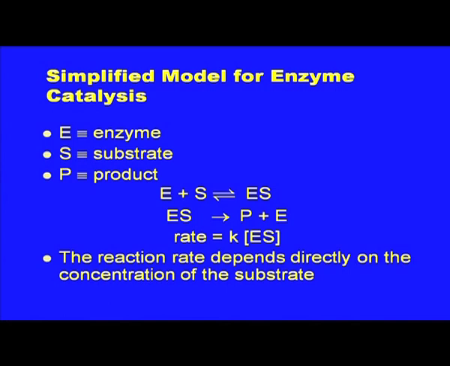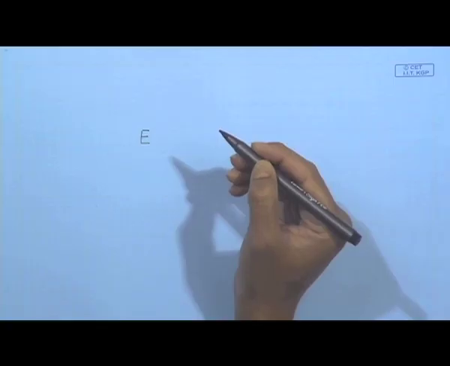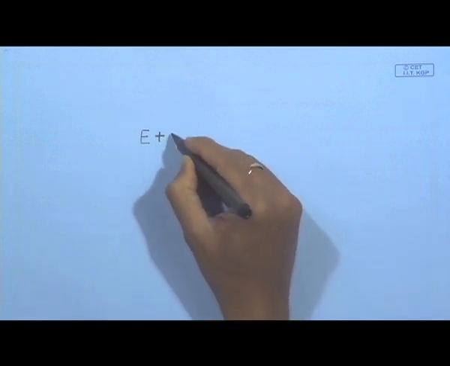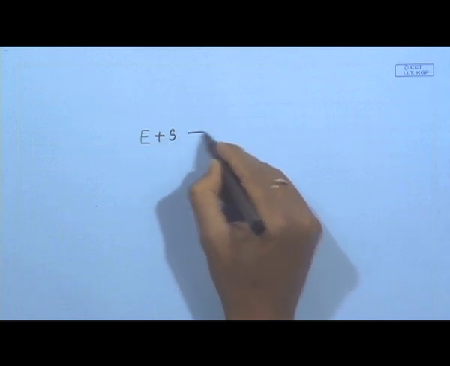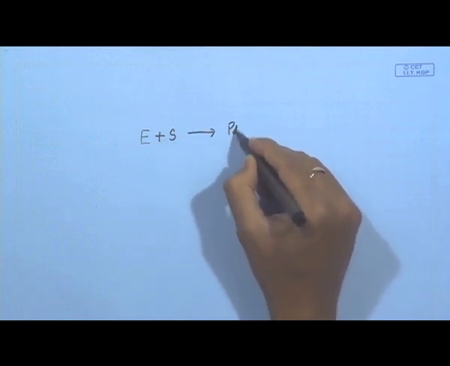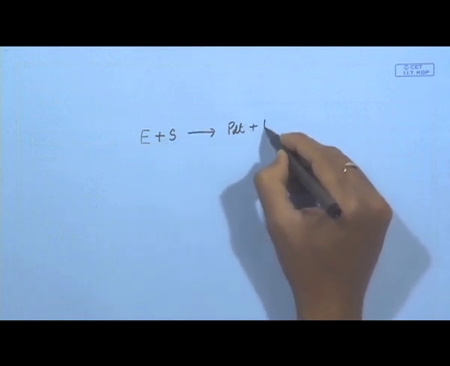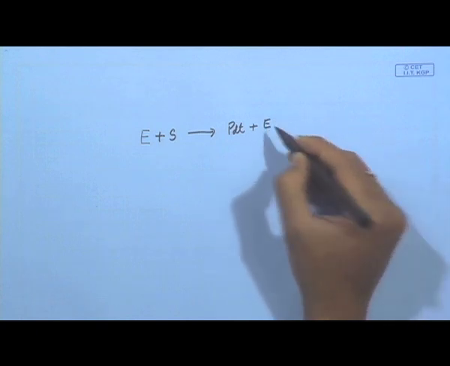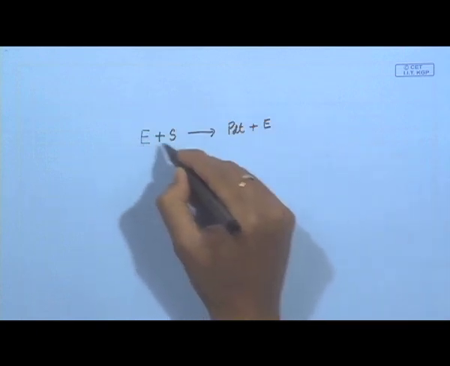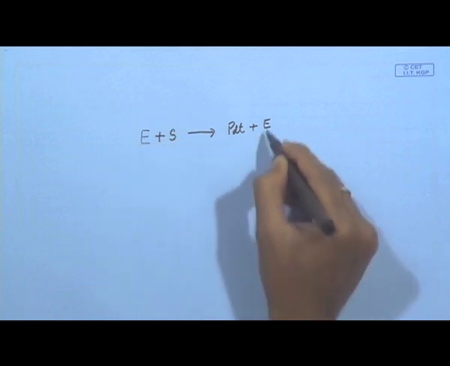So, basically you have the enzyme E, and this enzyme with your substrate gives you product plus enzyme back. So, it is used again. It is recycled in this way.